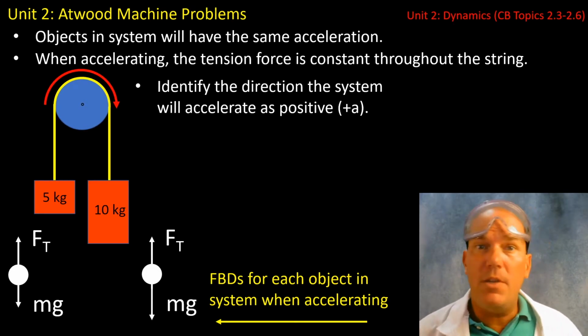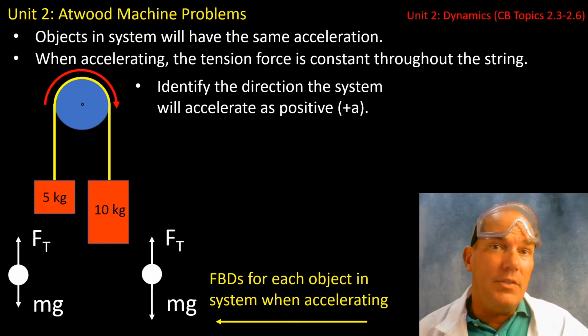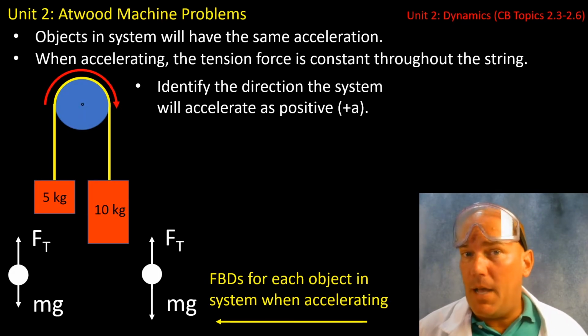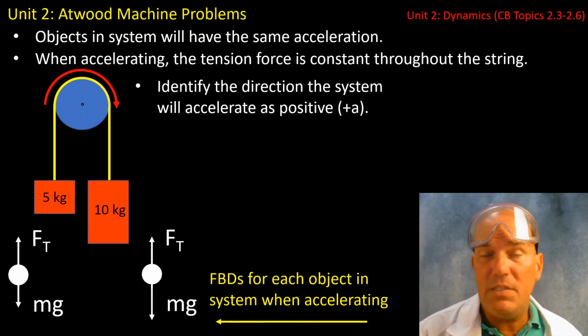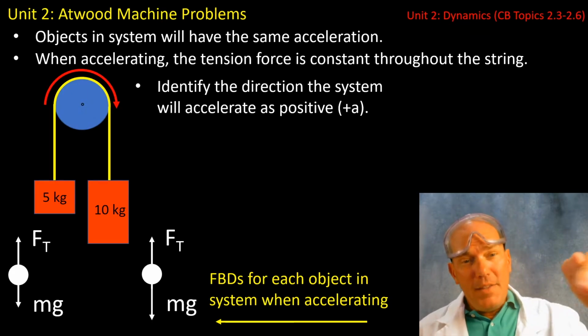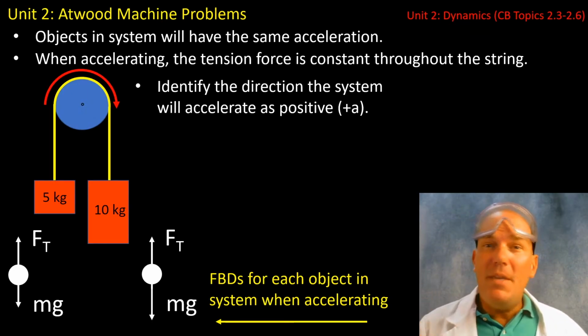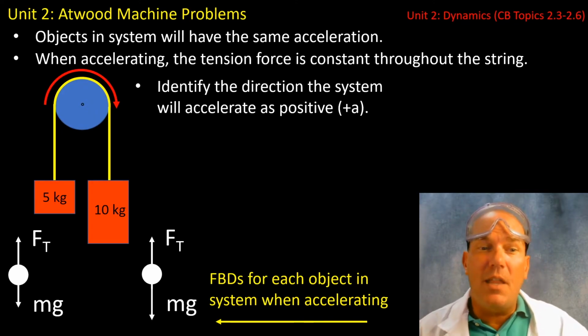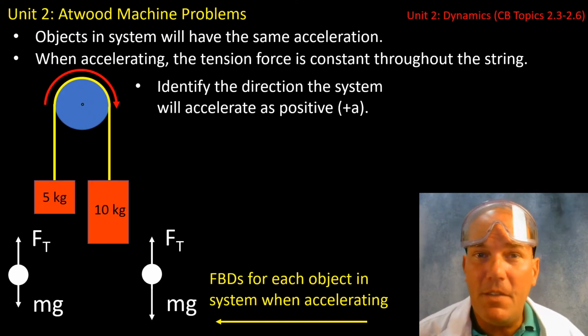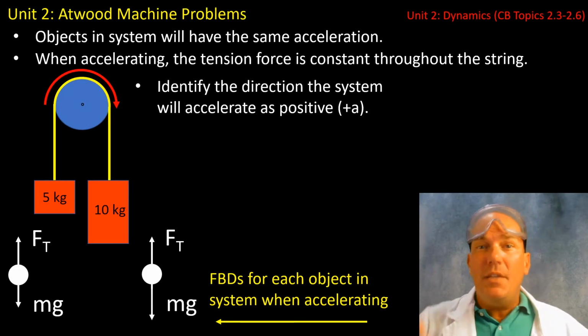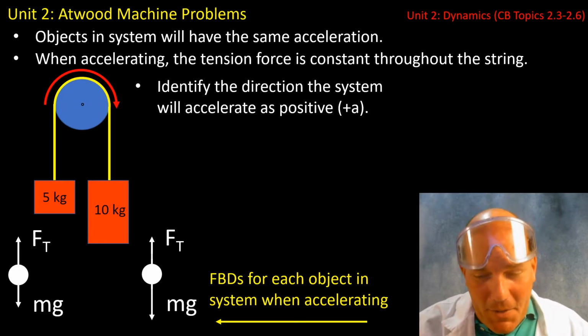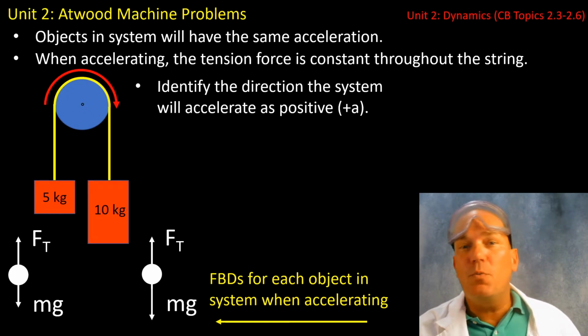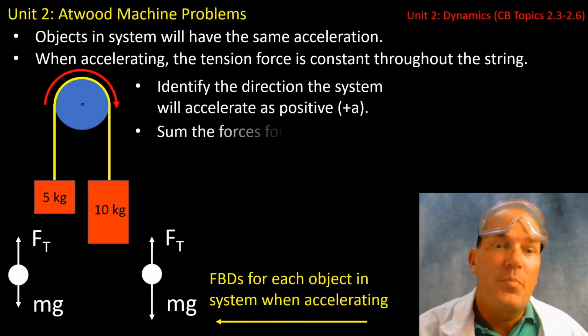If it's moving down parallel to the incline, let's call down parallel our positive direction for the coordinate system. If I take my finger off the pulley, to me it's just common sense that this system will accelerate in this way, in which the 5 kilogram mass goes up, the 10 kilogram mass goes down. So let's define that direction as positive.